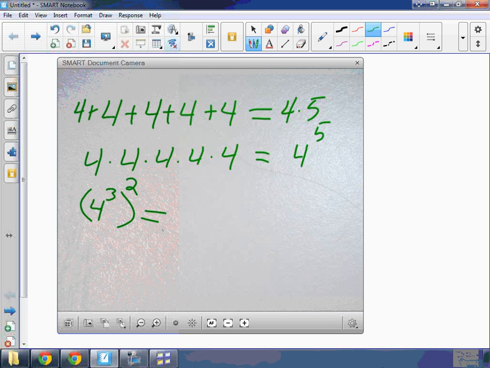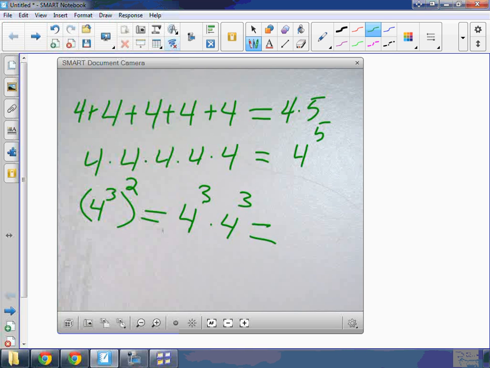Well, what's another way to write squared? 4 to the third times 4 to the third. So if I had 4 to the third times 4 to the third, which rule does that follow?